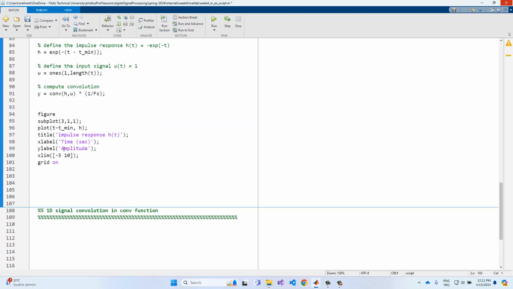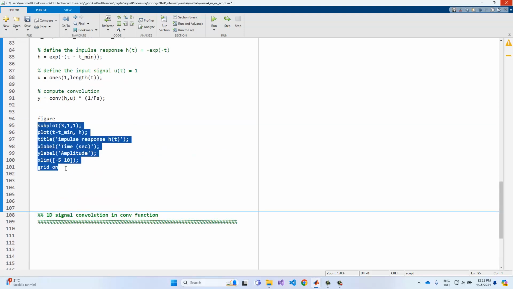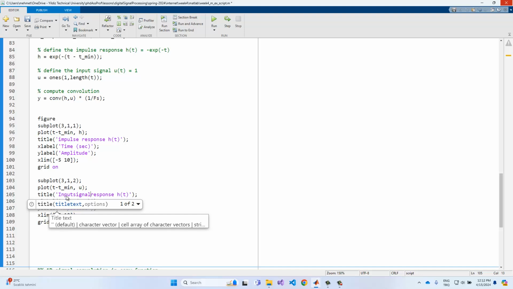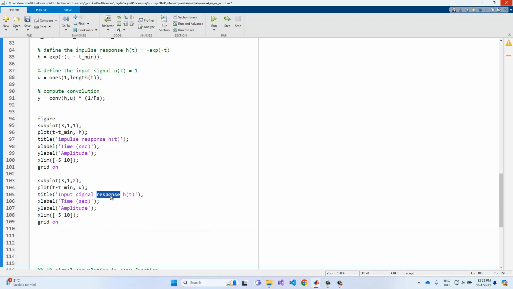After that we should also define the input signal u. Okay, and this is the input signal u(t), time in sec, and 5 minus 5 and 10 and this one.